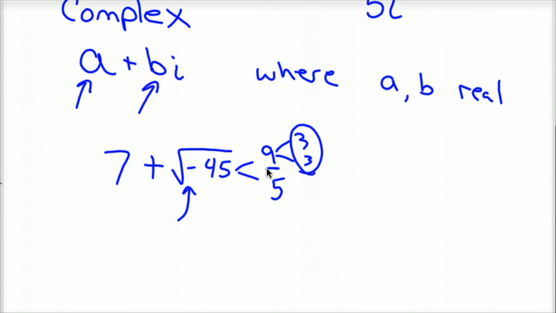The square root of 9 is 3, and when you find a pair, that comes outside the square root. So 7 plus 3i, and then the square root of 5 is left over. Typically that's how it's written.